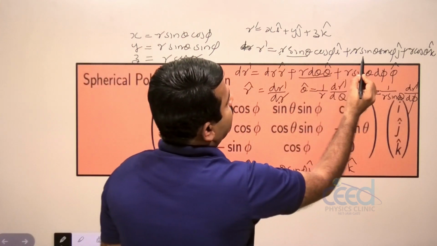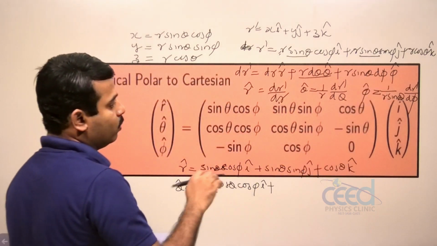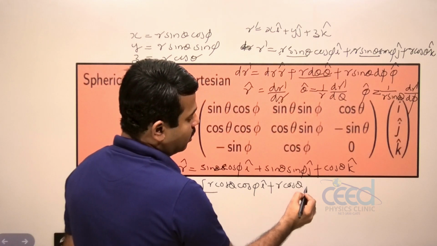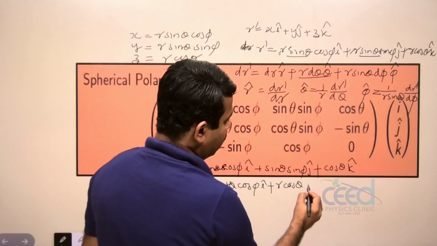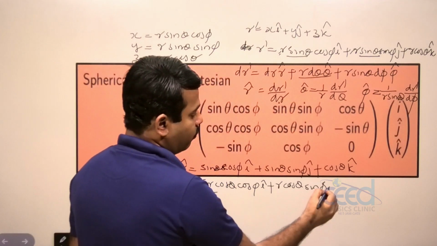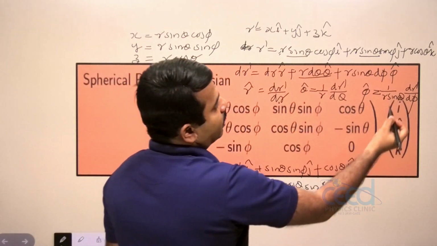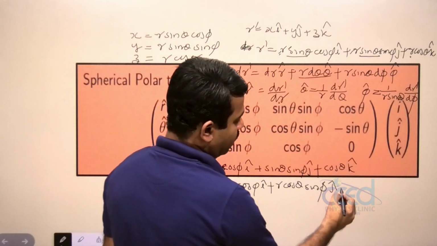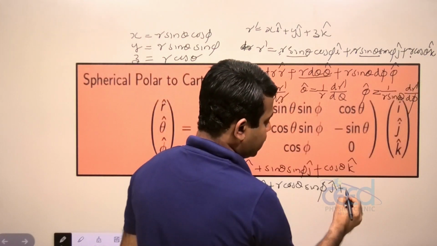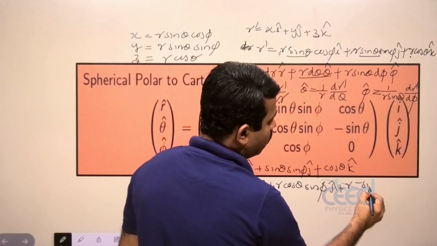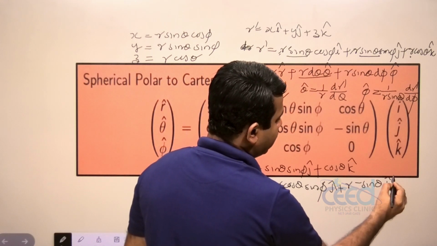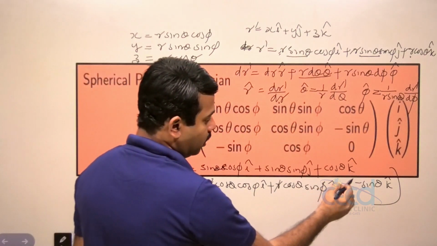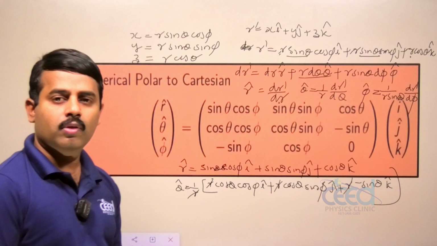Again, differentiating sin theta gives cos theta, so r cos theta sin phi j cap. With respect to theta, r cos theta gives r into minus sin theta k cap. Now you can cancel this r. Now theta cap also we got.